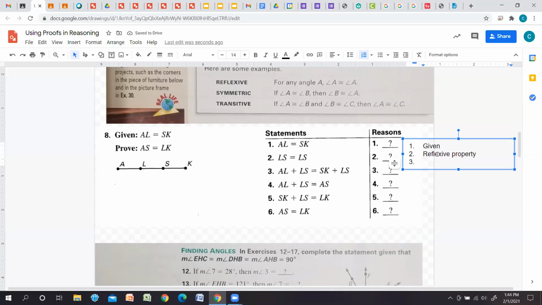Next, we have AL plus LS equal to SK plus LS. Well, they took the first statement and added the same amount to both sides. So that's the addition property of equality.